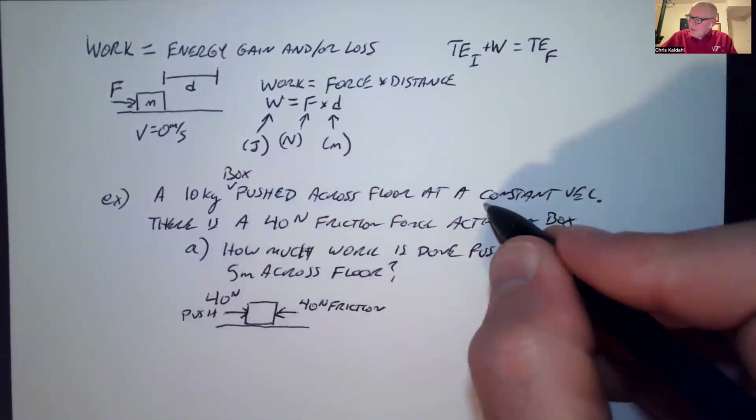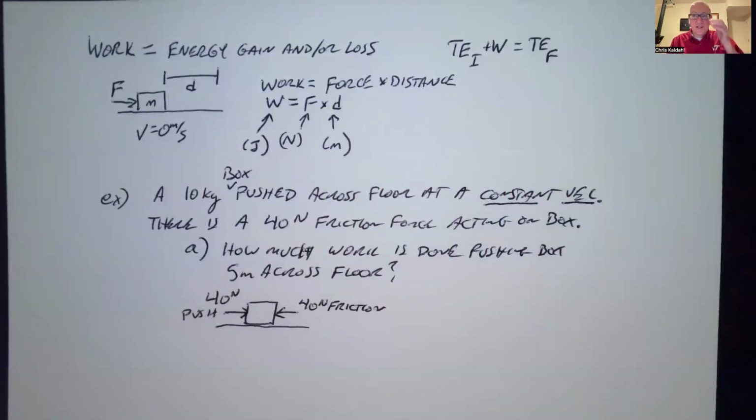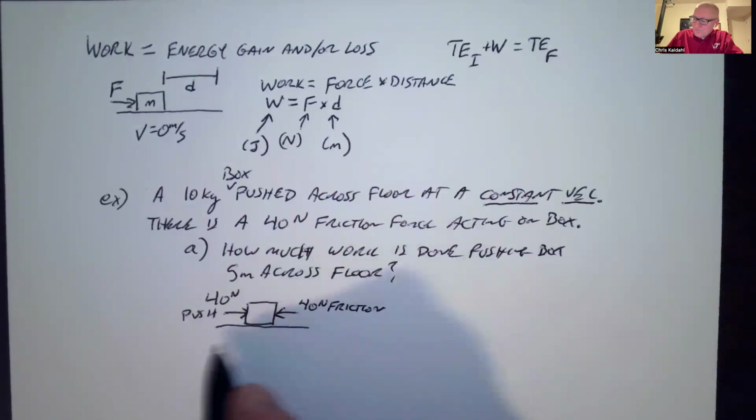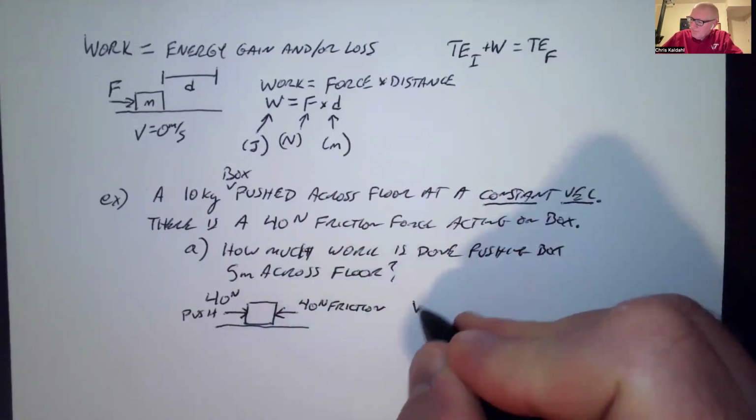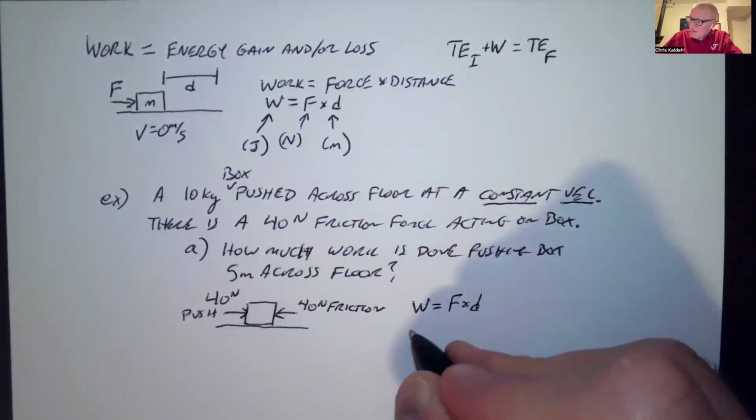Because the key here is it was at a constant velocity. And if I have a constant velocity, if you go back and think about F equals ma, forces need to be balanced for it not to be accelerating, for the velocity to stay the same. So at this point, work is equal to force times distance.